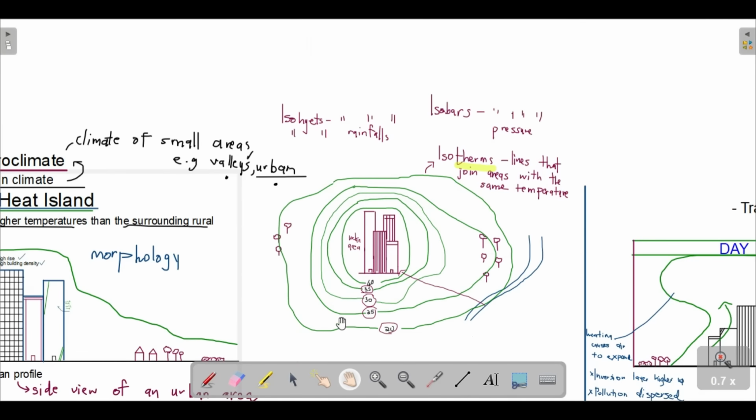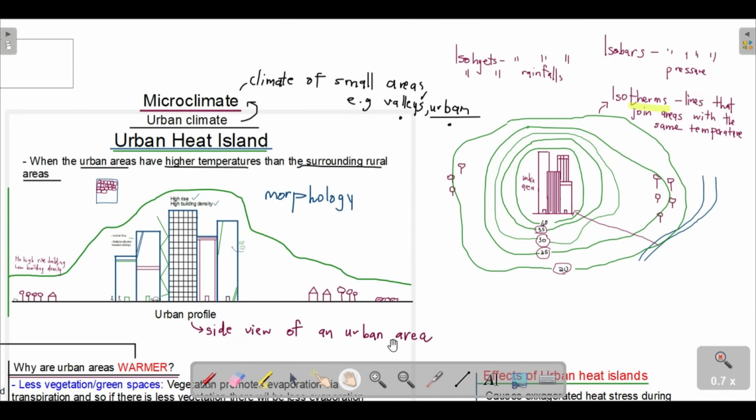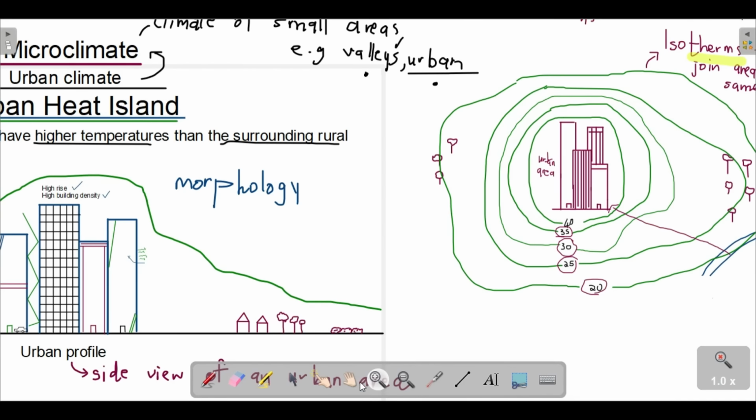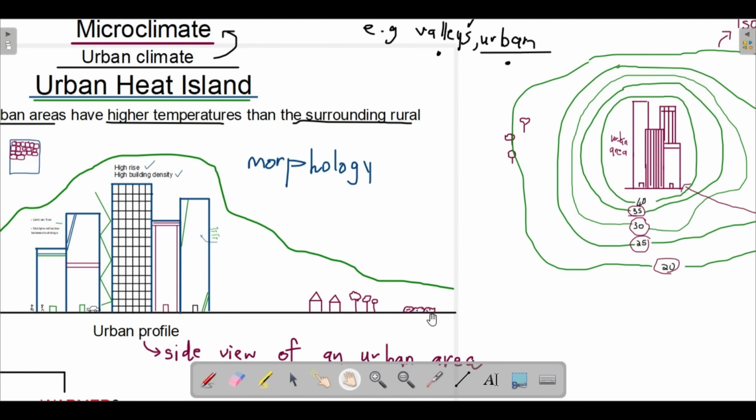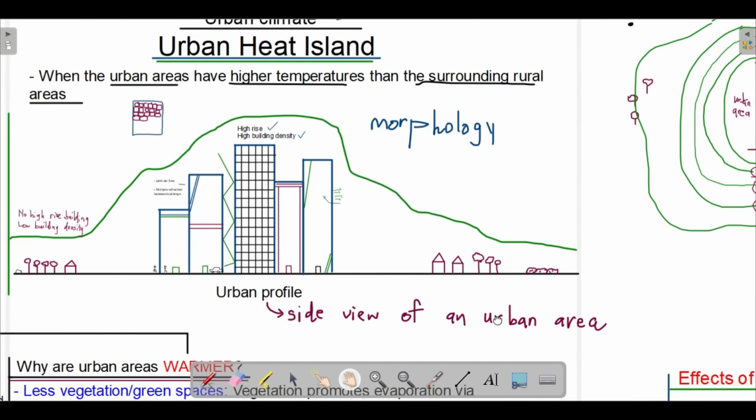There are many diagrams, guys, that they can use to depict the concept of urban heat island. You should see a question by its diagram before you even look at the questions, and be able to identify what concept is going to be questioned. Having to be familiar with these diagrams, I think, would really help you.